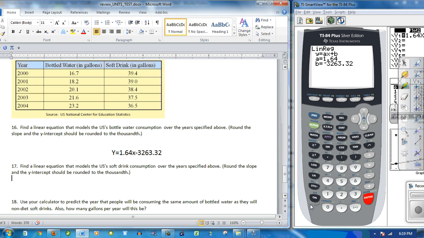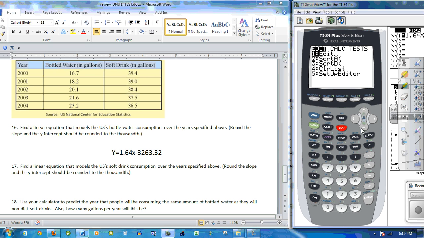And to do the other one, I just simply, again, go stat, right arrow to calculate, select number 4. But now I've got to be careful what lists I enter. So I'm going to do second L1, because my X values are still in L1, comma, second 3 to choose L3 now, because they're my Y values for the soft drink data.